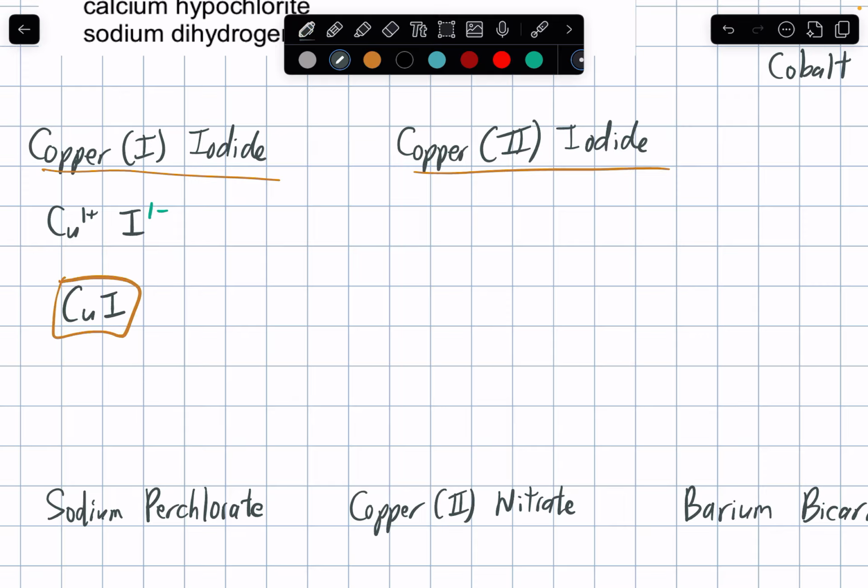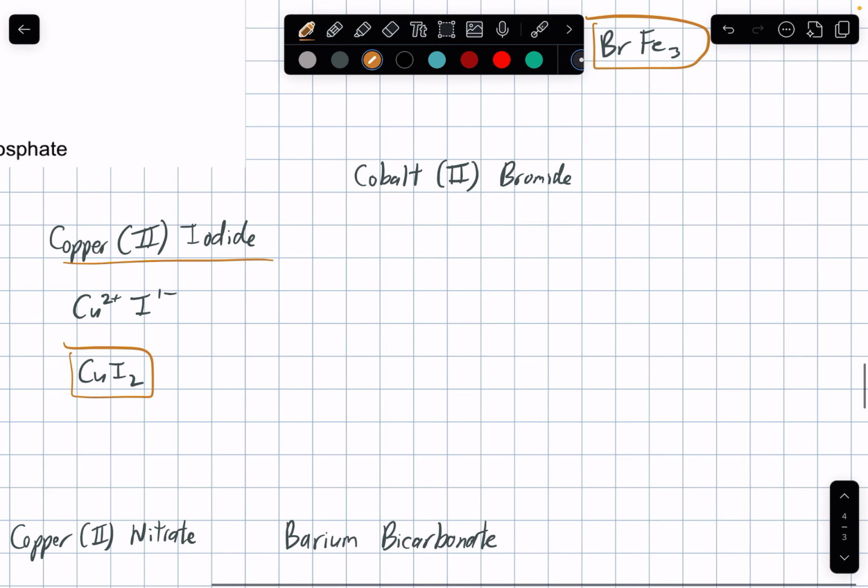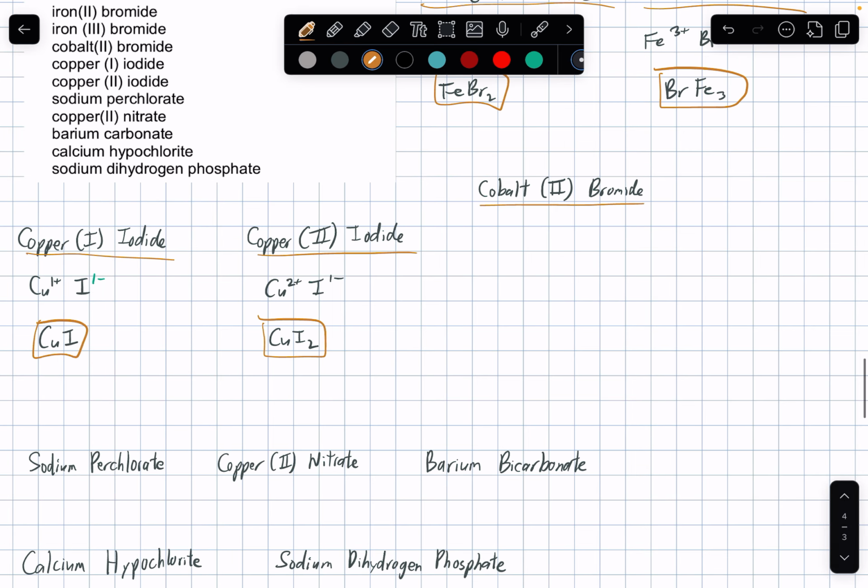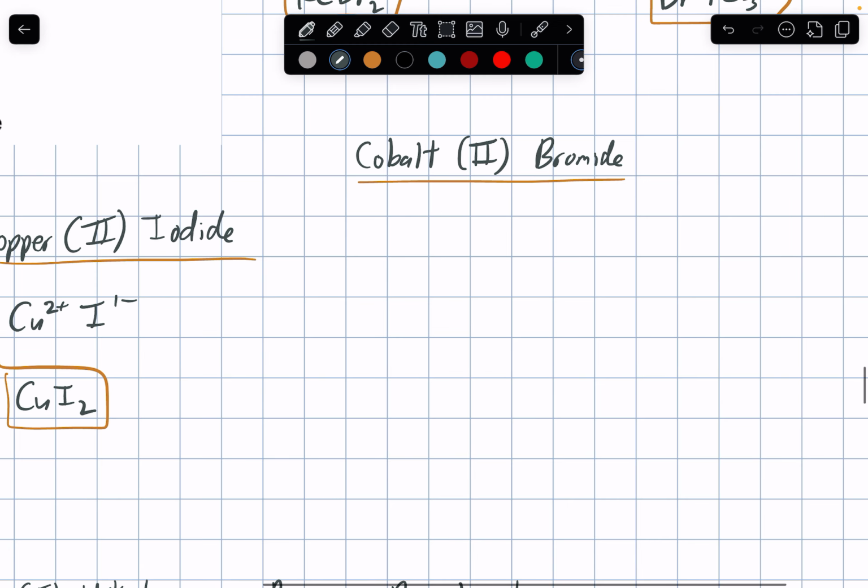How about copper(II) iodide? So that's going to be a +2 charge. Iodide is still -1, so CuI2. How about cobalt(II) bromide?